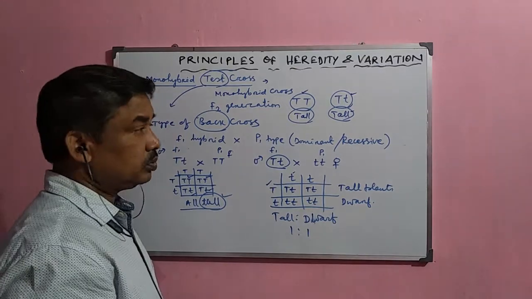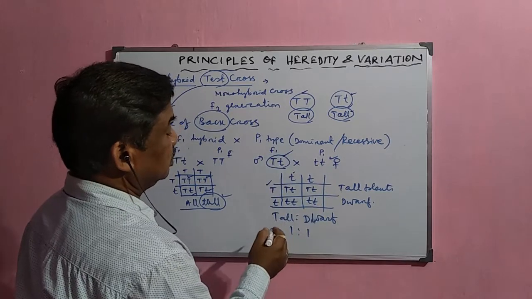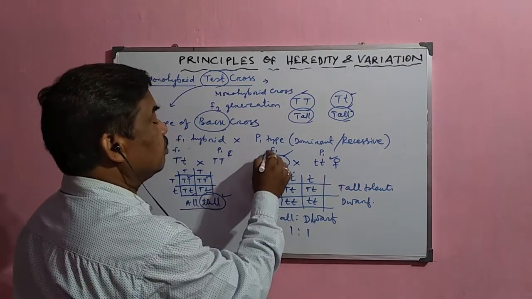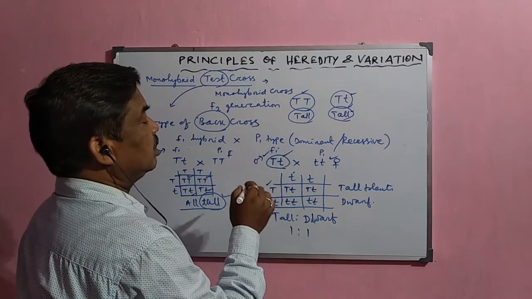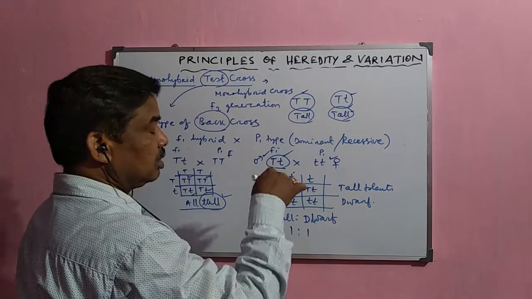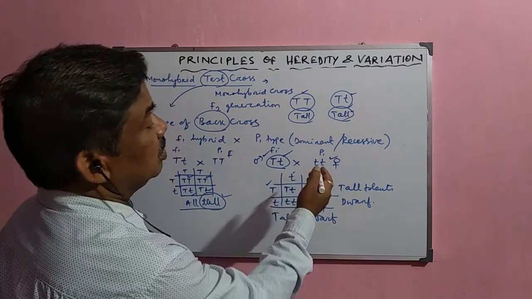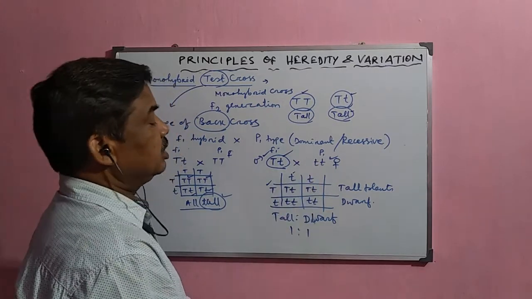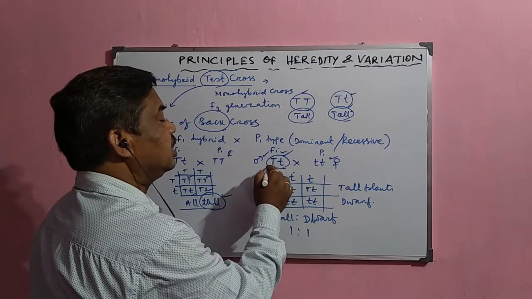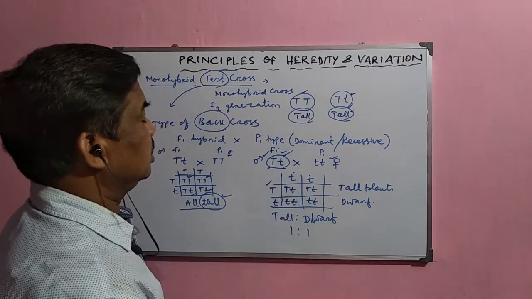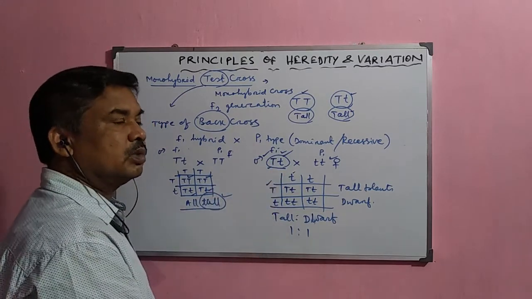So from this cross, if any dominant phenotypic character is crossed with the double recessive parent, and the ratio is 1:1, then the genotype is a heterozygous one. That is why this test indicates that it is the heterozygous parent.